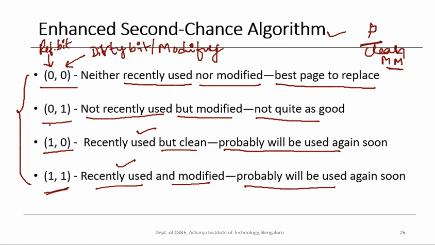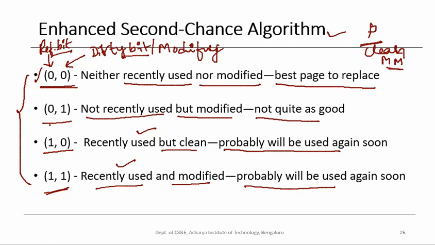So what we understand by this is, when we are trying to find the victim page, we first look for the 00 combination. If any page is found with this combination for reference bit and dirty bit, we choose that page as the victim page.